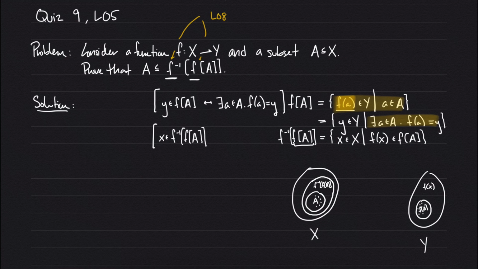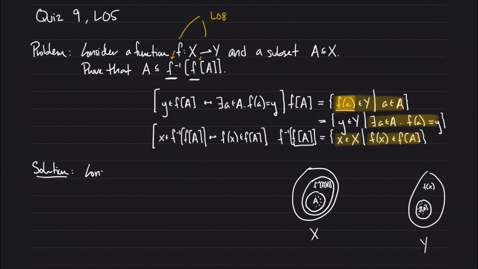Well, it means that it's in this set, so it's some x in X such that f of x is in f of A. So x is in here if and only if f of x is in f of A. We can use these, you can call them definitions, I guess, to answer this question.